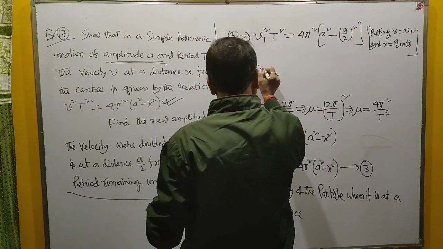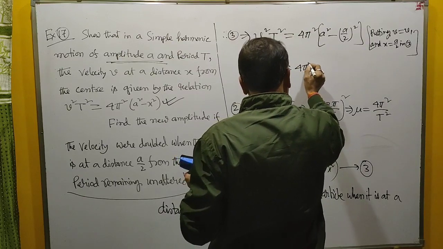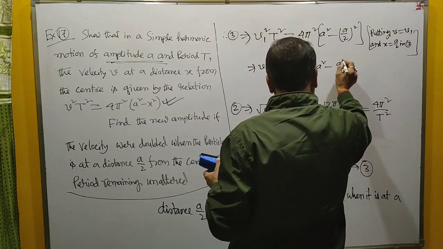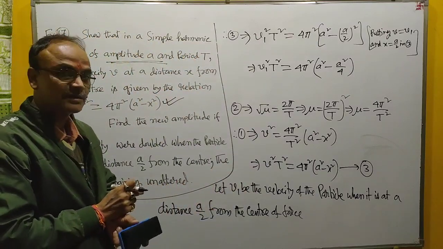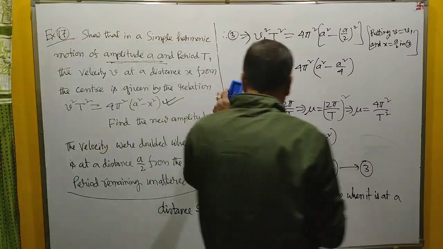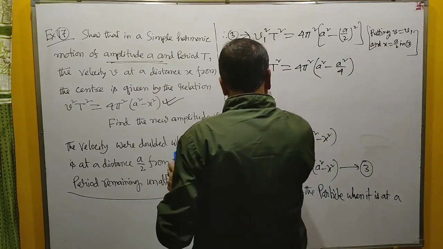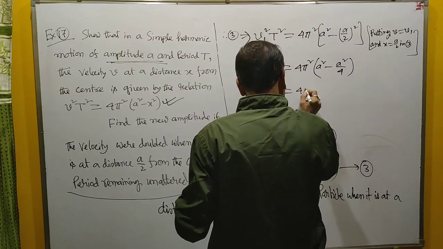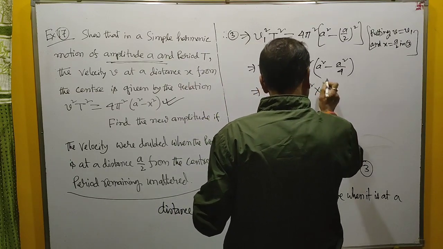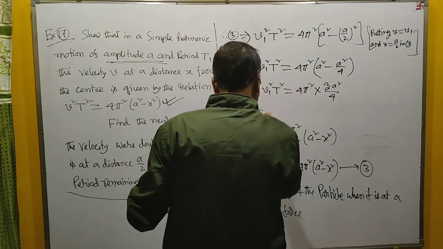This means v1 square T square equal to 4 pi square into (a square minus a square by 4). This means v1 square T square equal to 4 pi square into thrice a square by 4.